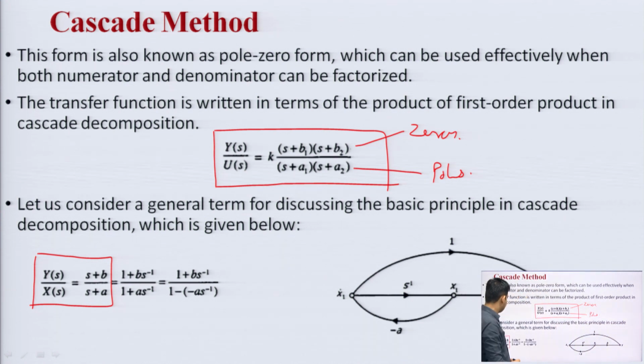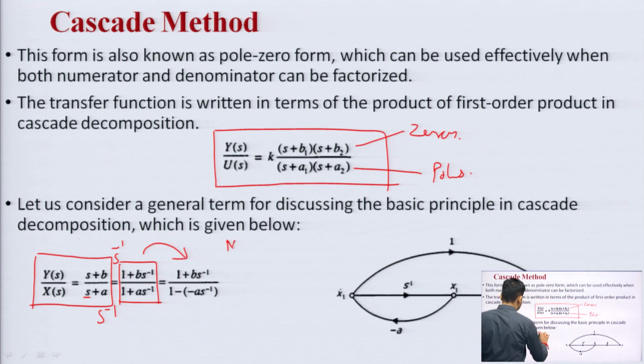I have to multiply numerator and denominator by the highest power present in the denominator, which is s to the power 1. So, I will multiply by s inverse in the numerator and denominator and obtain this expression. Here I can convert it in terms of Mason's gain formula.